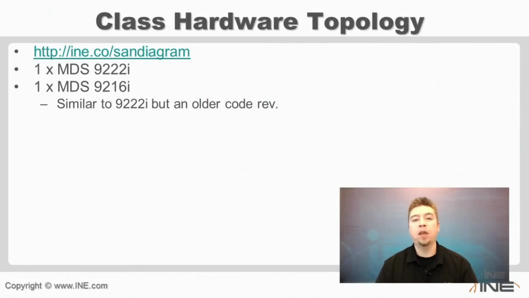We're mainly dealing with just some of the core functions of Fibre Channel, things like zoning, trunking, NPIV, NPV, and the configuration between both of these versions is fairly similar. So if you were to build this topology, you don't necessarily need 2 9222s.